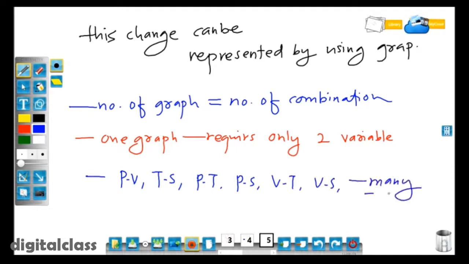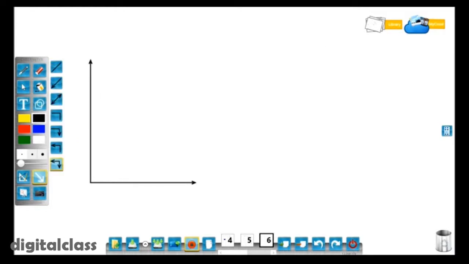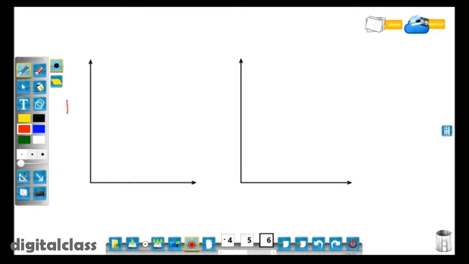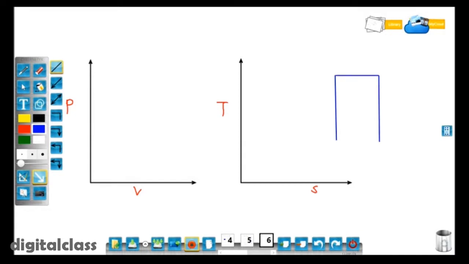By using these we can draw this type of graph, but the PV and TS graphs are the most important. By using these graphs we can show any process, any cycle or any state.